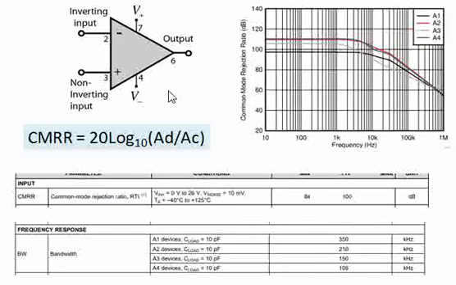That means V plus minus V minus, or whatever we consider as the input voltage. What a differential amplifier is meant to do is provide gain to a differential voltage. That means it has to provide a differential gain, right?